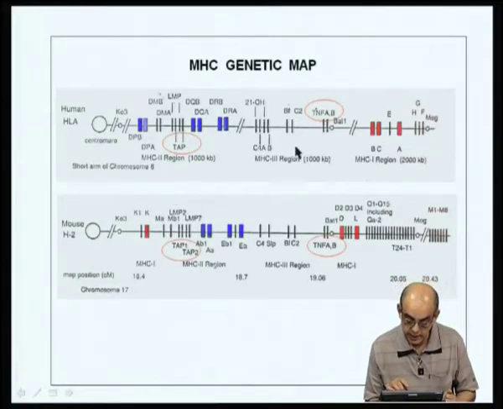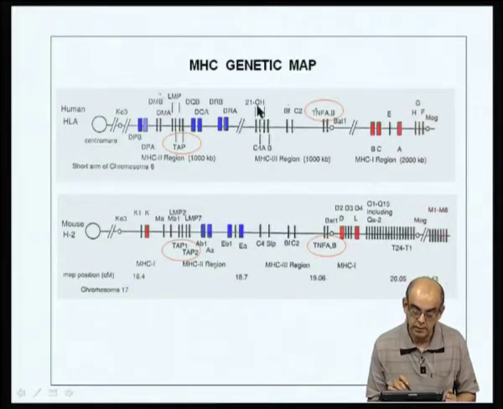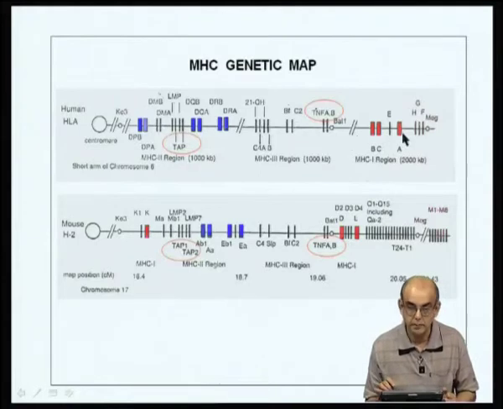And of course, you have the MHC 3 region, as we learnt earlier, having the hydroxylase and the complement proteins and other proteins that are found on the MHC genetic map.